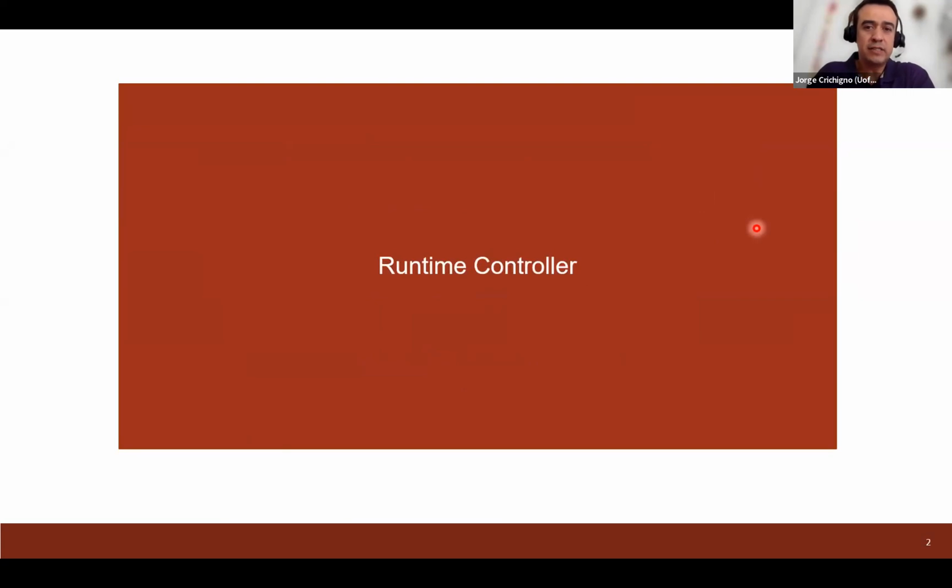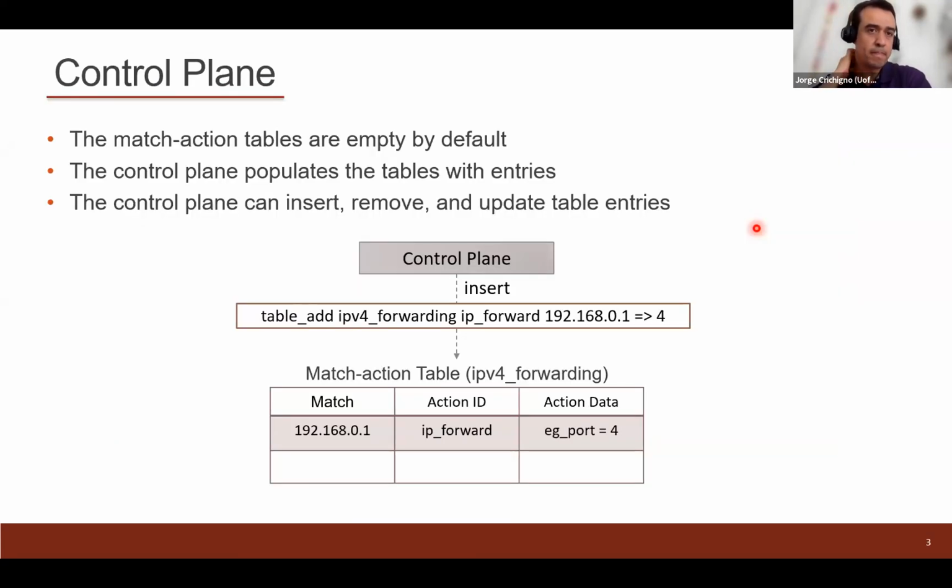Okay, let's start with the runtime controller. So what is this about? We are placing ourselves in the control plane, or even on top of this. Here we have a network administrator that could manually want to insert a routing entry or an entry in the MAC address table, depending on what device we are configuring.